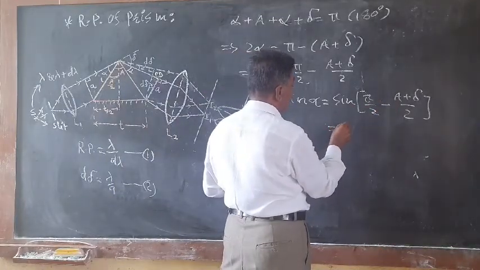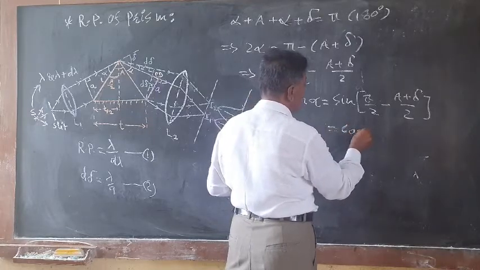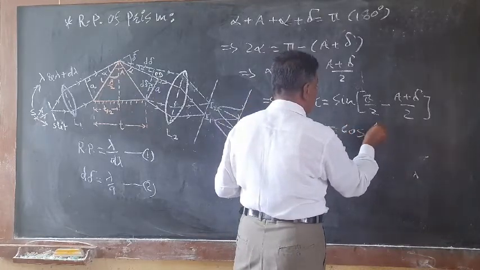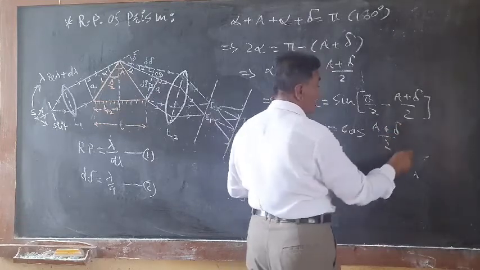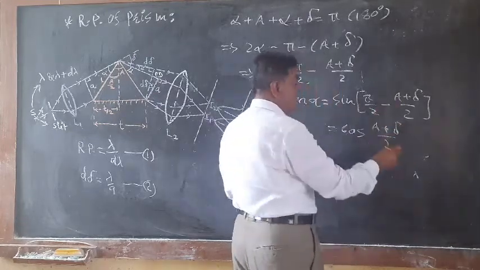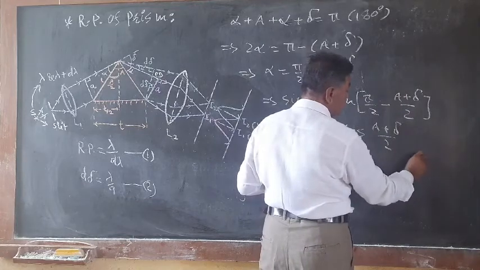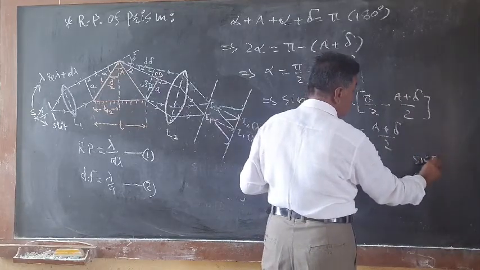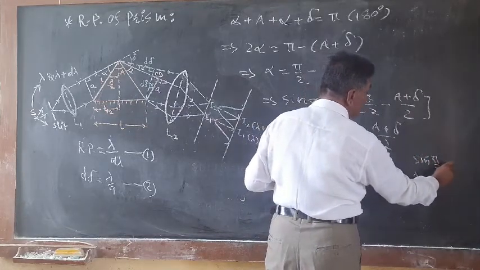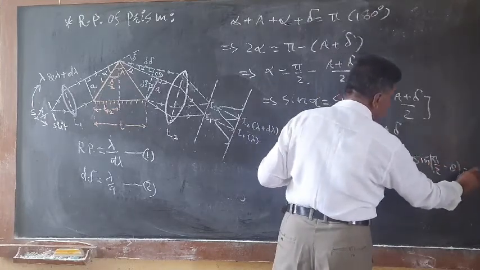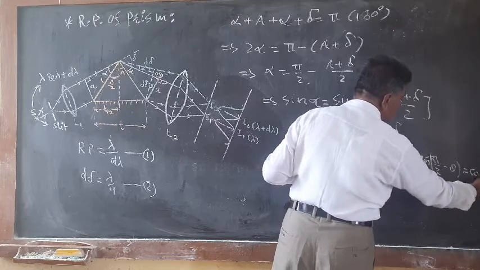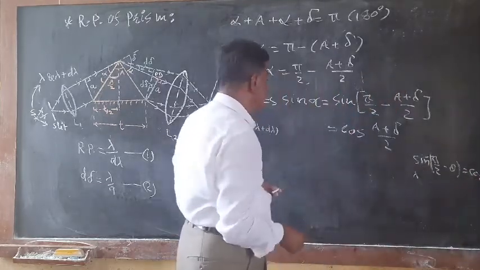So this will be equal to cos of (A plus delta) divided by 2. This is because sin of pi by 2 minus theta is equal to cos theta, and therefore we can write this equation.